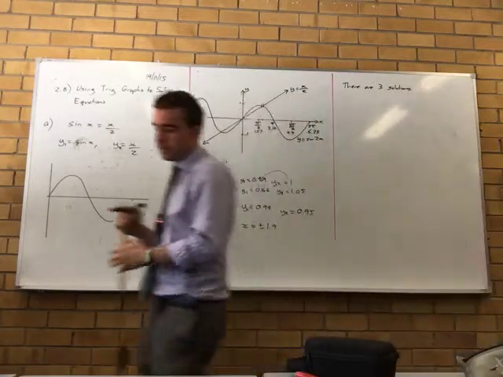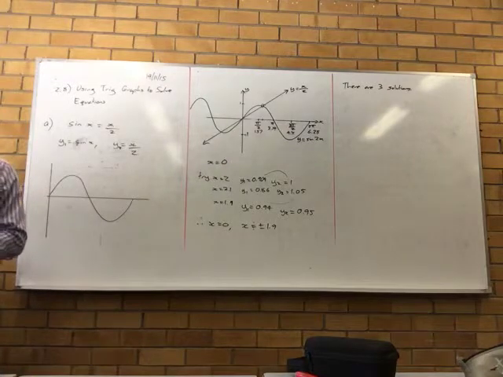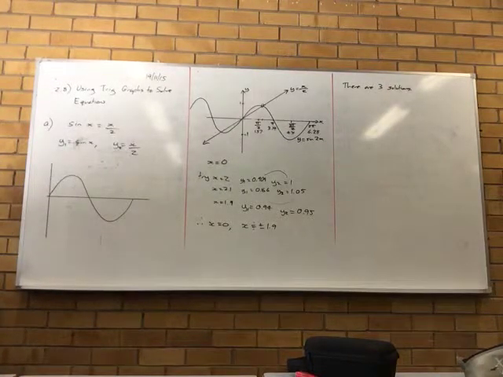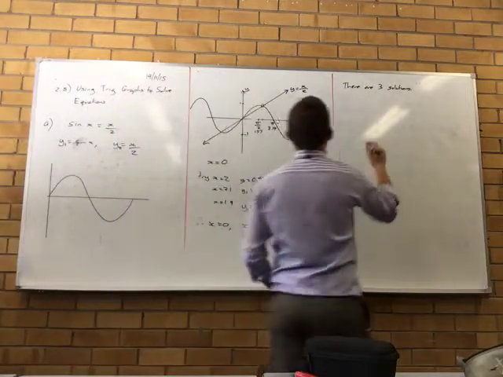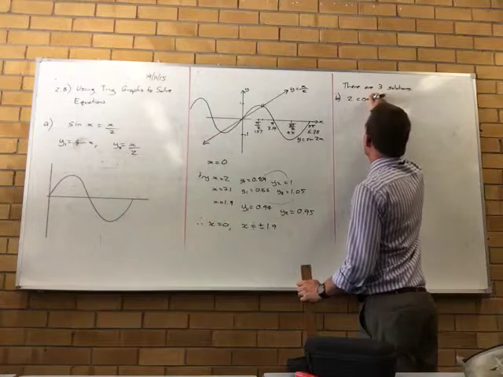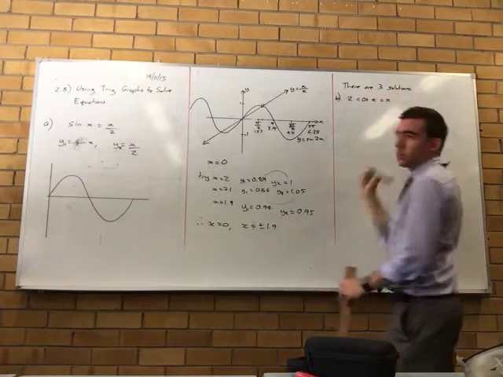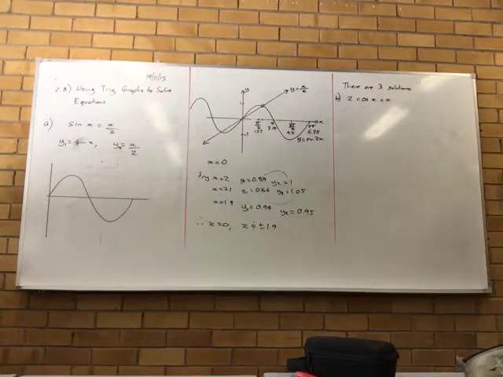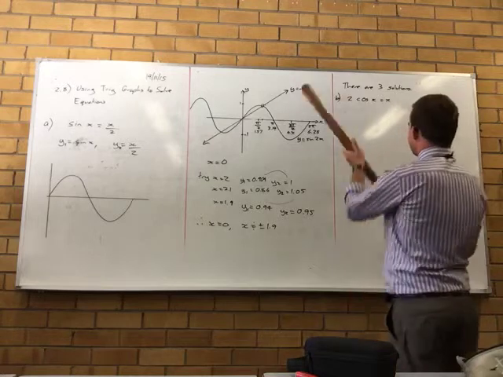Okay, B. From the graph of 2 cos of x equals x, find the approximate solution. So that's what we have to do. So we've got 2 cos of x equals x. What you need to do is set y equals for both sides of the equal sign and graph those individual graphs accurately, and then we will need to determine the approximate solution from your graph.